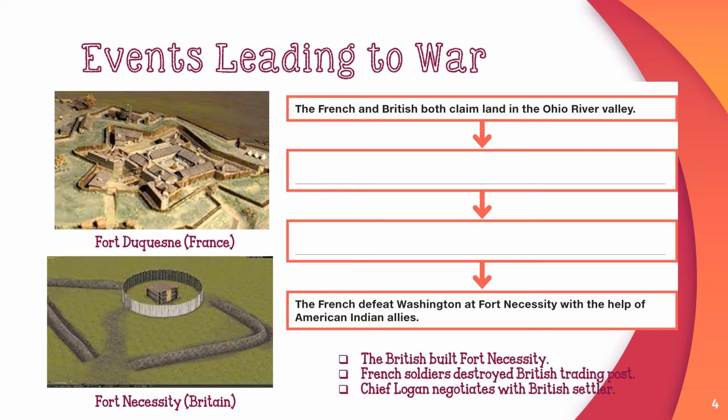So going back to the events that led to this war, American Indians joined the French soldiers in their attack on the fort. Working together, the large number of French and American Indians beat the smaller British force.